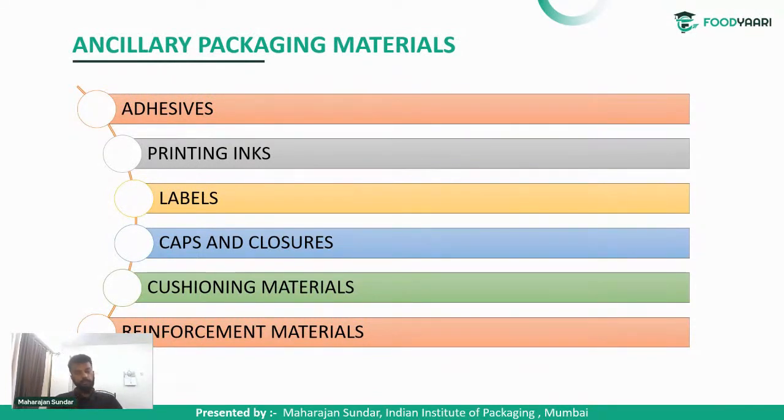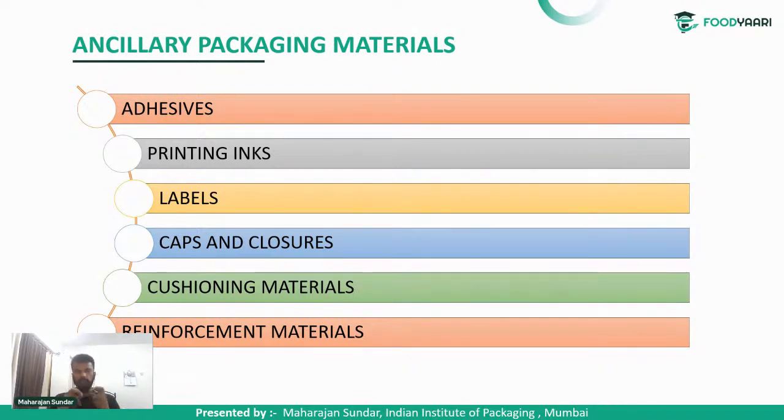And printing inks are one of the major important ancillary components, because these printing inks generally provide attraction to the customer. It helps the manufacturer to communicate with the consumer, retailer, or others in the supply chain.